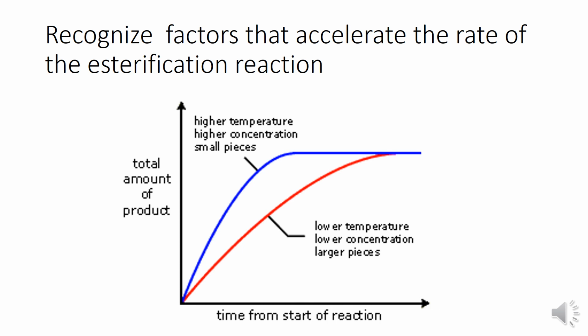So using higher temperature, the rate of the reaction will be faster, and reaching the number of moles of the ester formed will be faster, but keep in mind that you will have the same amount of ester formed and the percentage yield is not going to be affected. It will be the same.